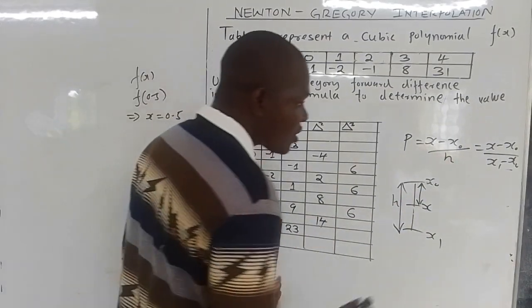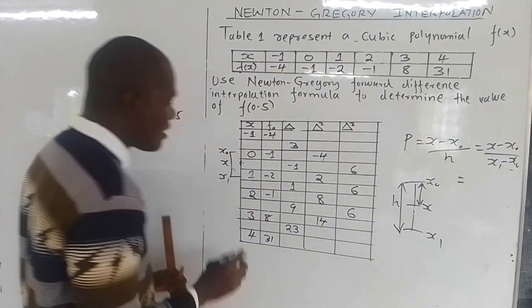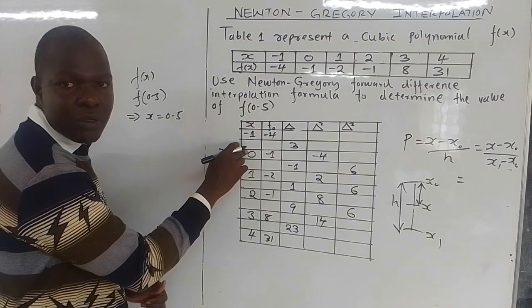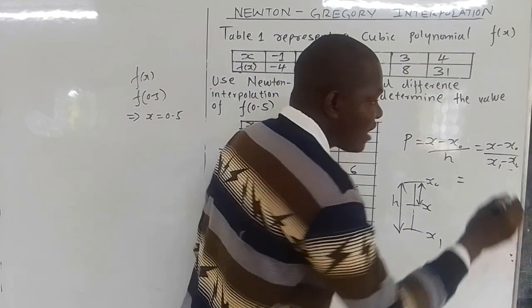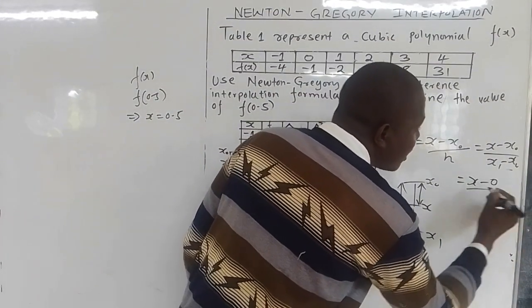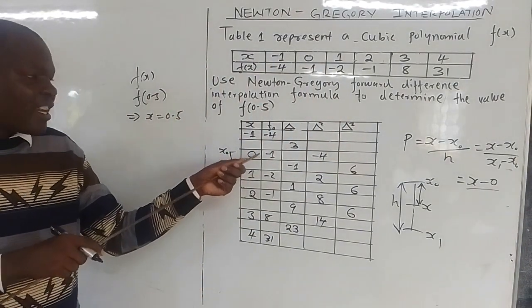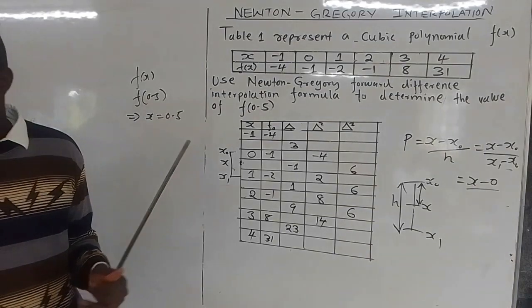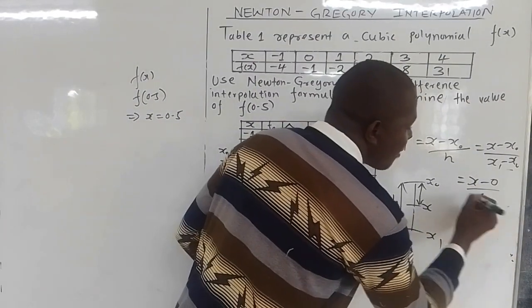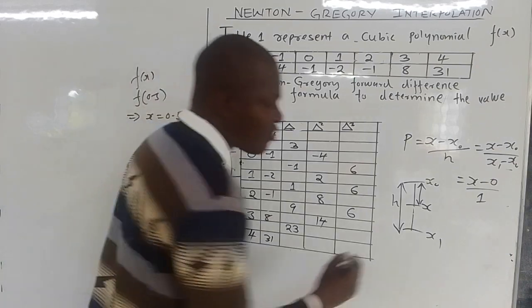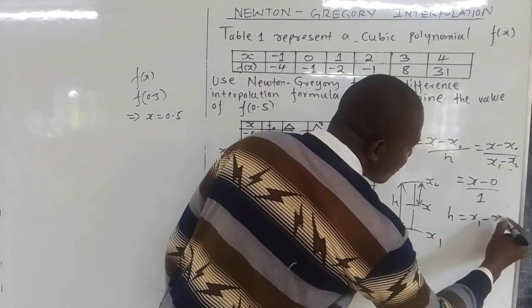So can we now substitute those values? What is x minus x naught? See, x naught is 0. So it is now x minus 0. Are we together? X minus x naught is x minus 0, then x1 minus x naught, x1 is 1 and x naught is 0. So 1 minus 0, you get 1, meaning our edge is 1, isn't it? Because it is that edge which is x1 minus x naught.